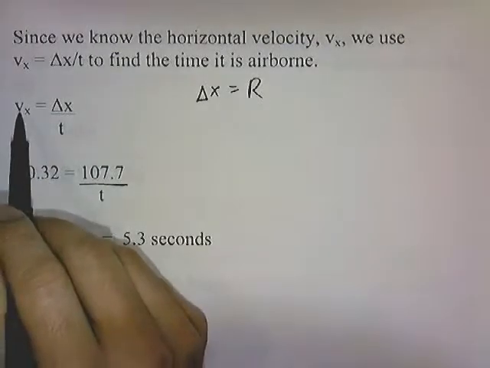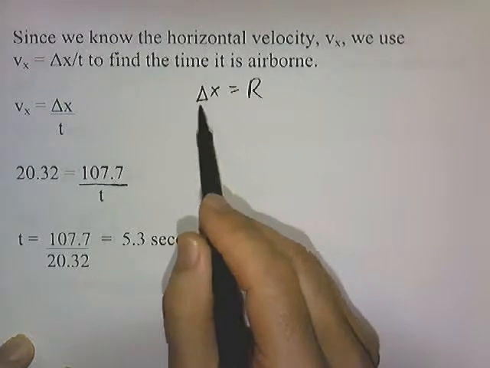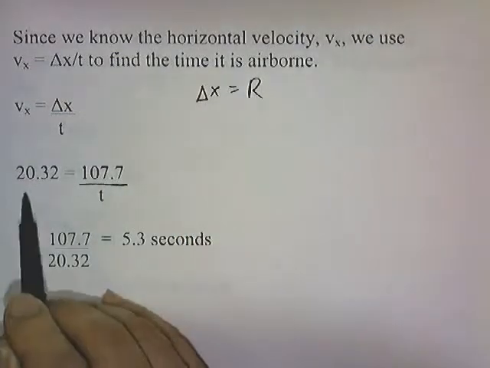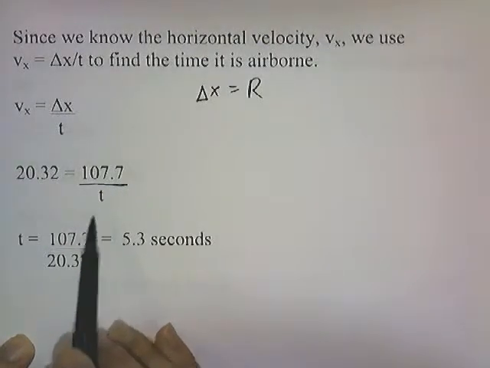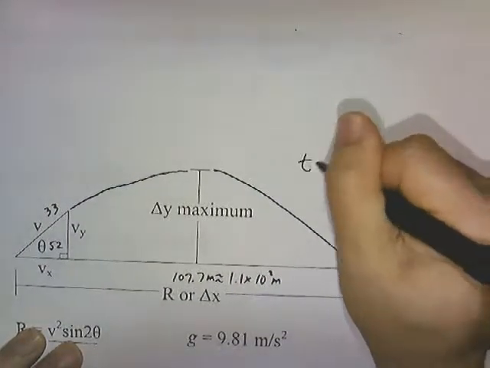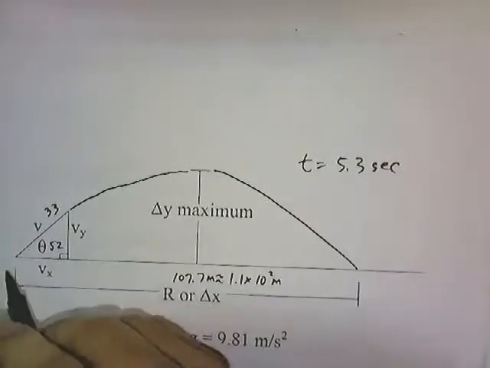Horizontal velocity is horizontal distance divided by time. Remember, the horizontal distance is basically the range, which we just solved for. So 107.7 divided by 20.32, and if you solve for t, you'll get 5.3 seconds. It spends a total of 5.3 seconds in the air.